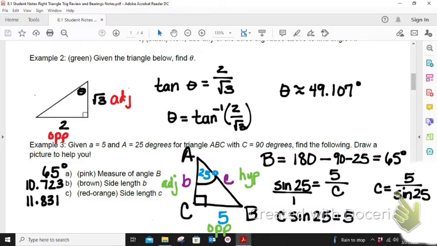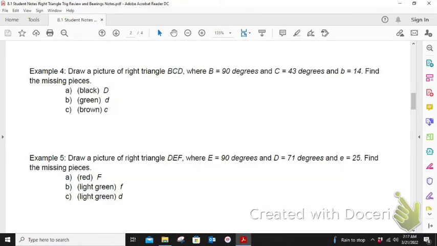Okay, let's just do one more example. Let's go to example 4. And then we'll end there for today. Take a minute, draw your triangle.